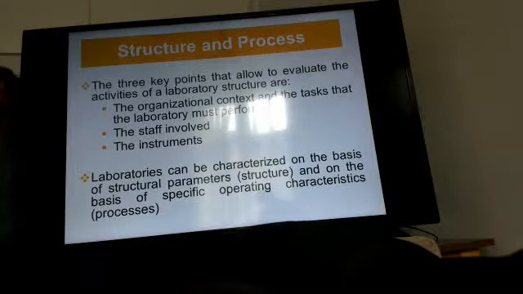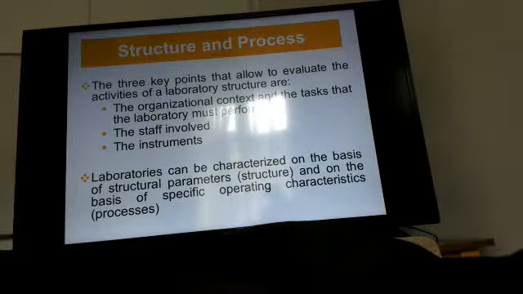So the structure changed in 50 years, more or less.